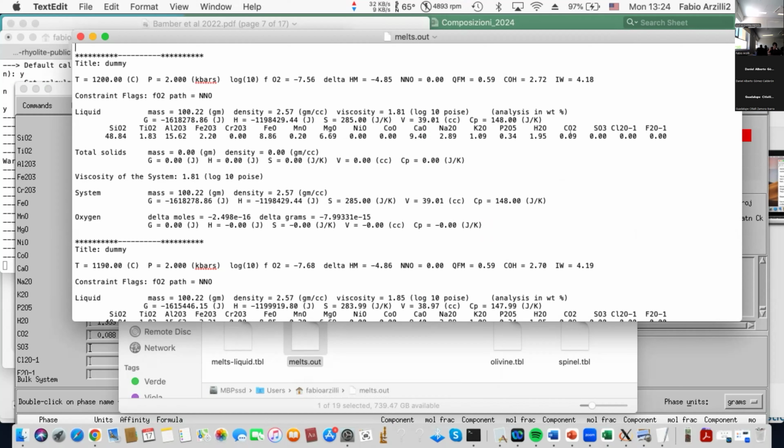Yeah, no, 100 ppm is 0.01 weight percent.